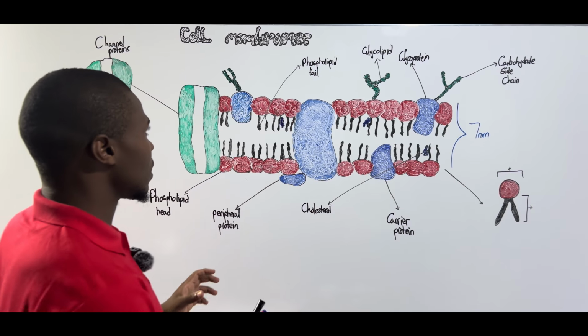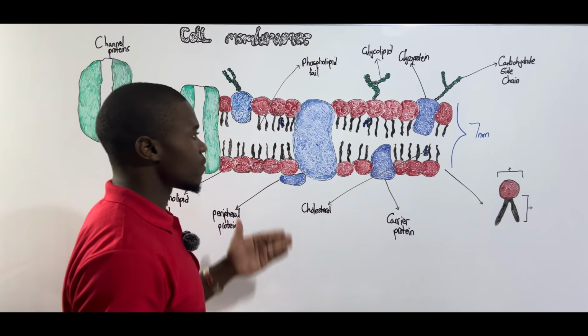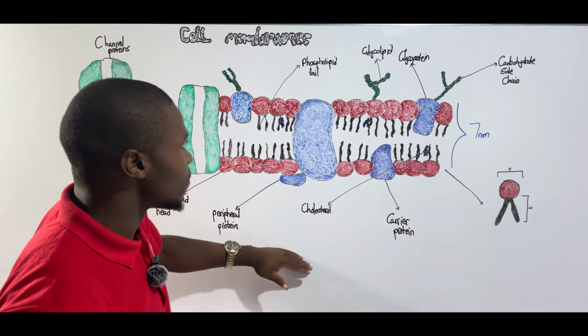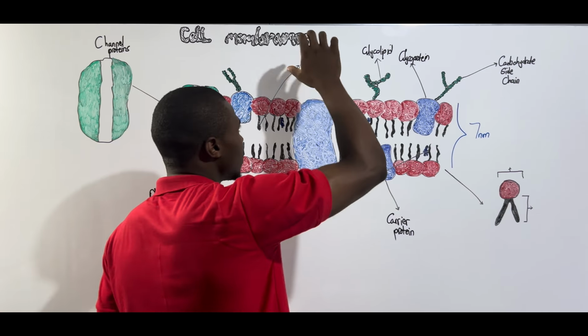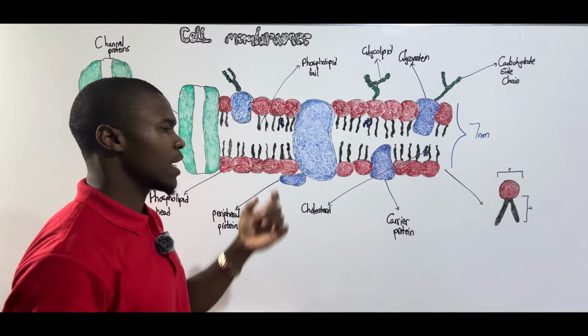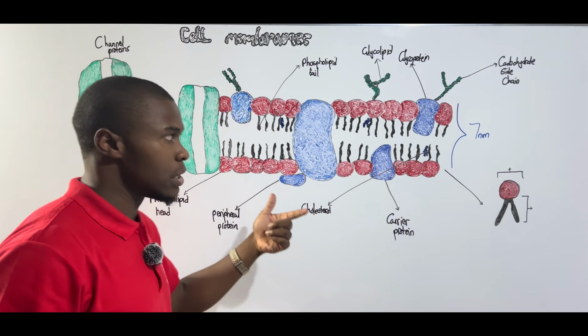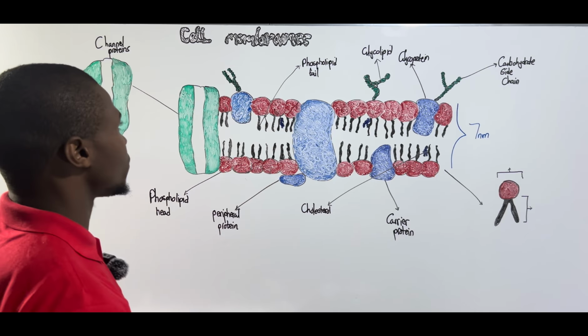You can also see that it has two layers, one layer of phospholipid facing the inward environment, whilst the other layer is facing the external environment. As a result, the two layers are called a phospholipid bilayer.